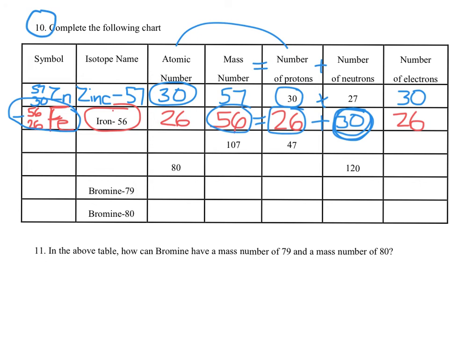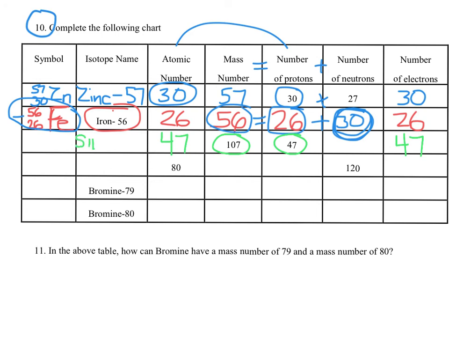If we take a look at the next row, we know we have a mass number of 107, and we know we have 47 protons. Well, if I have 47 protons, I have the same for the atomic number, it's 47, and I can assume that I have the same number of electrons to keep it neutral. If I look on the periodic table, element 47 is silver.